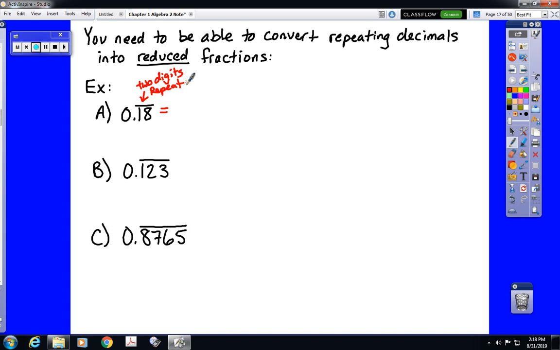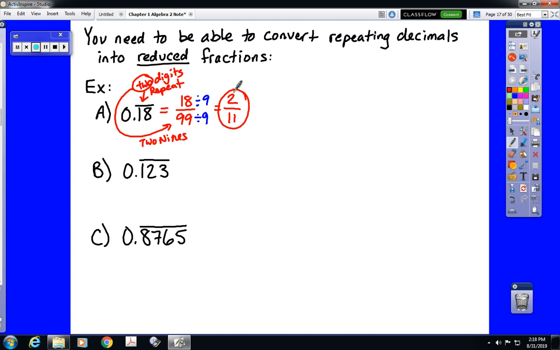So 0.18 repeating is 18 over 2 nines. Then we simplify that. Well, the top and the bottom are both divisible by 9. So that would equal 2 over 11. 0.818 repeating is 2 over 11.